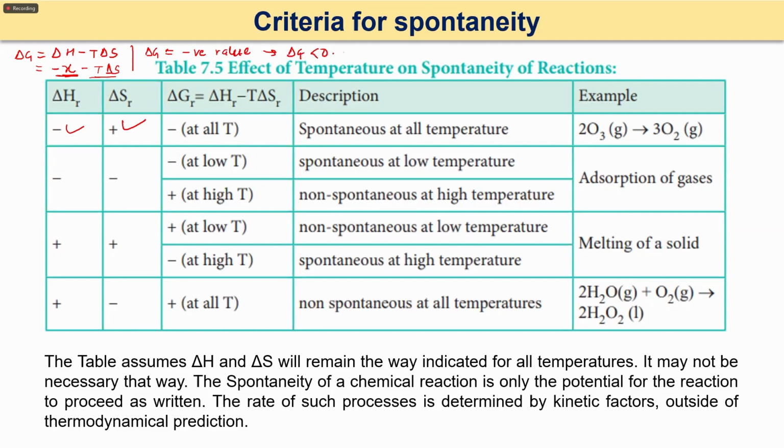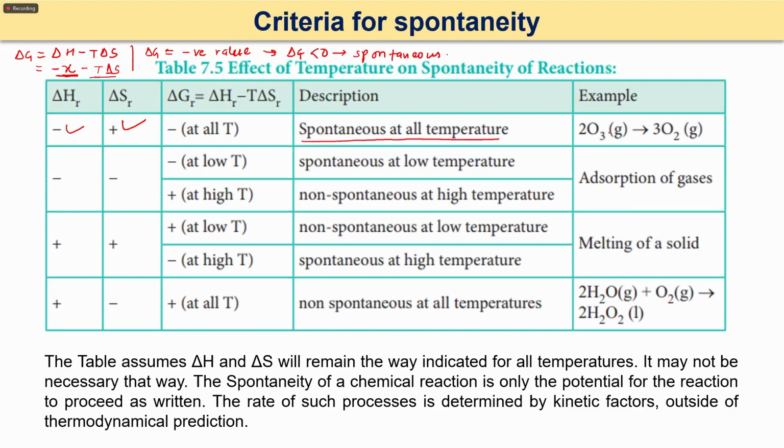So whether the temperature is low or high, whatever the case, the process will be spontaneous at all temperatures. Here it is written that it is spontaneous at all temperatures.